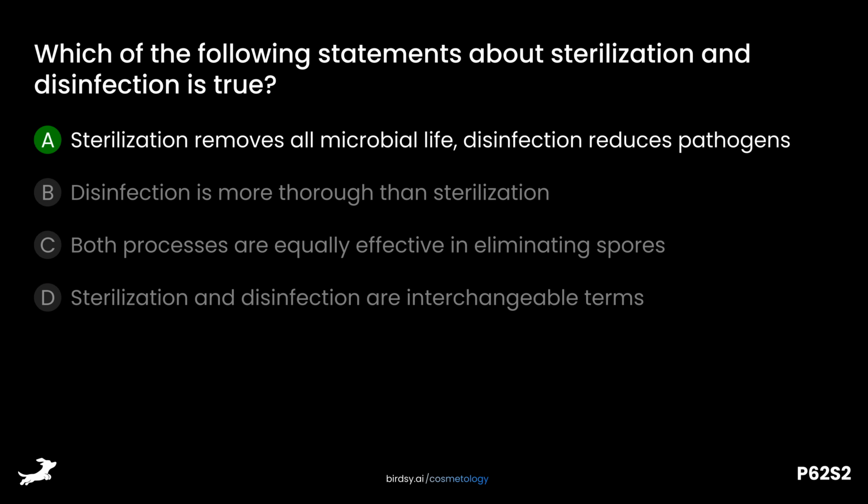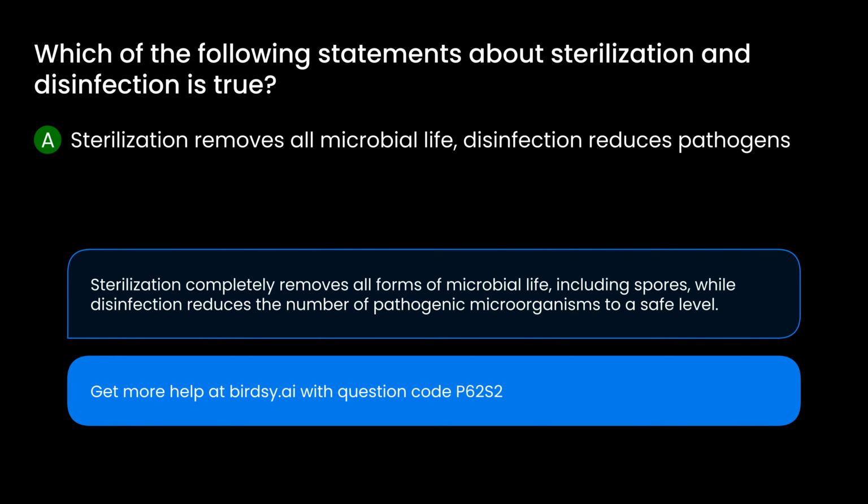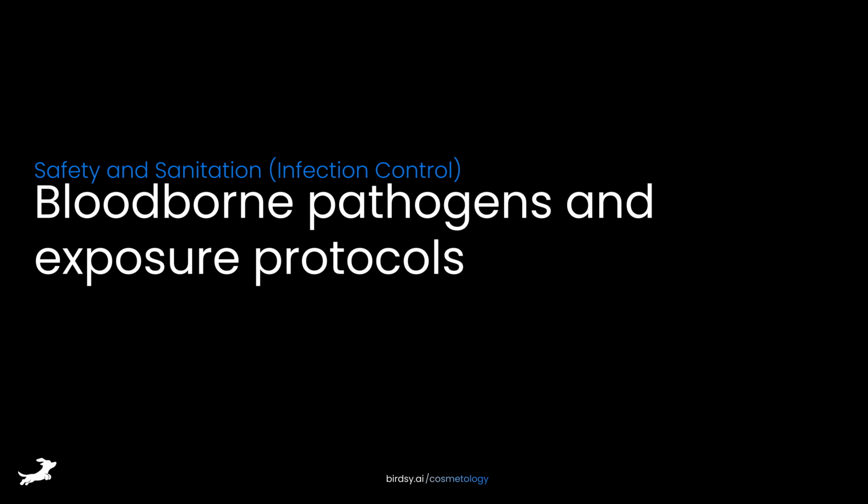The answer is A, sterilization removes all microbial life, disinfection reduces pathogens. Sterilization completely removes all forms of microbial life, including spores, while disinfection reduces the number of pathogenic microorganisms to a safe level.